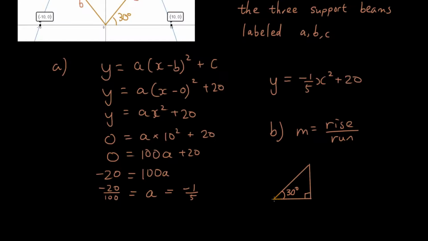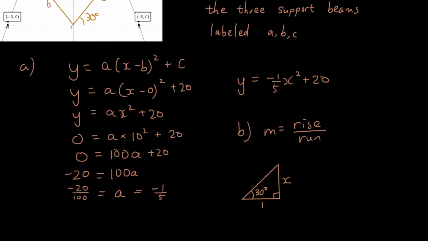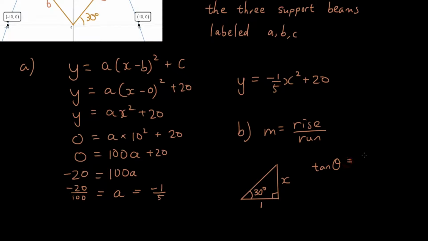And let's say the horizontal line is 1. How do we figure out what the vertical line is? So we figure out the vertical line by using the trigonometry equation. Tangent theta equals opposite over adjacent.